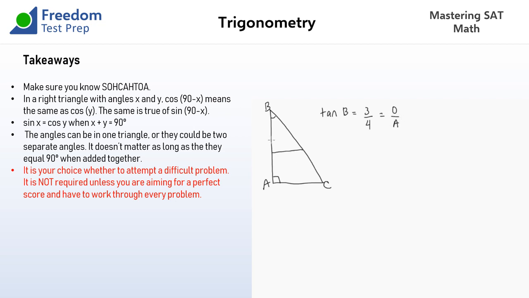Okay, so that's great. So we're standing at B, and the opposite is going to be either this line or AC. Let's just give these some letters too. So opposite of B is going to be either DE or AC. And the adjacent is going to be either BD or BA.